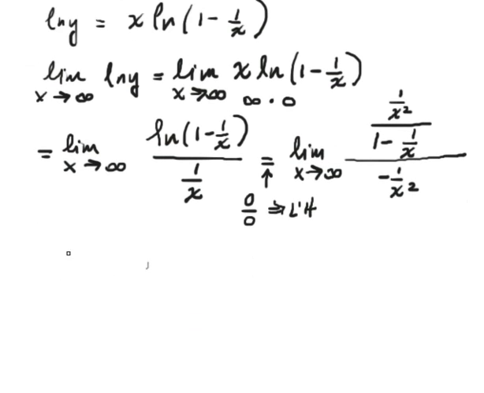So this is equal to the limit as x goes to infinity, and we're canceling this 1 over x squared with this 1 over x squared. And so we end up with 1 over (1 minus 1 over x). And we have this negative here. Well, I'll put that up here.